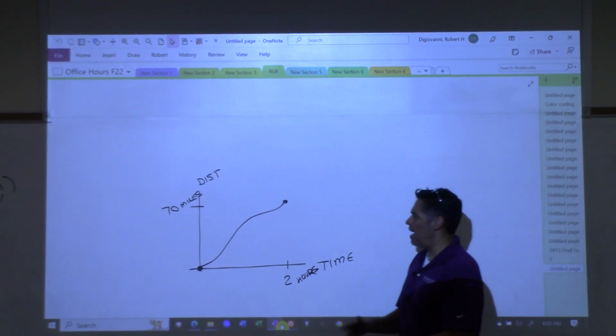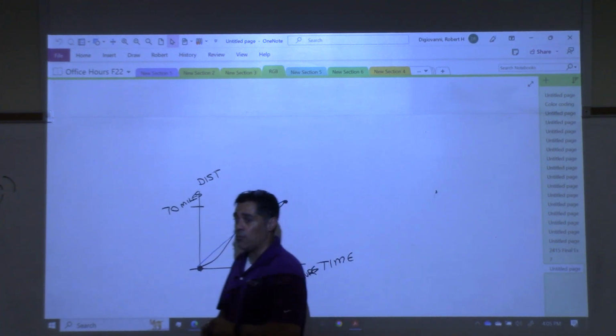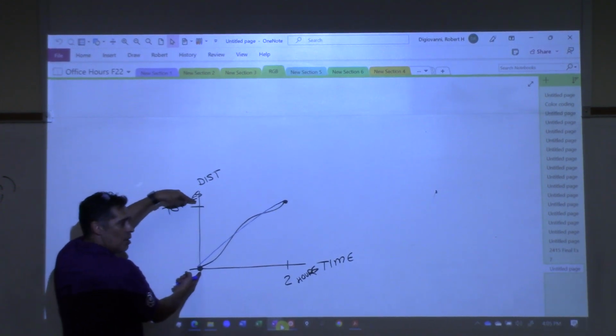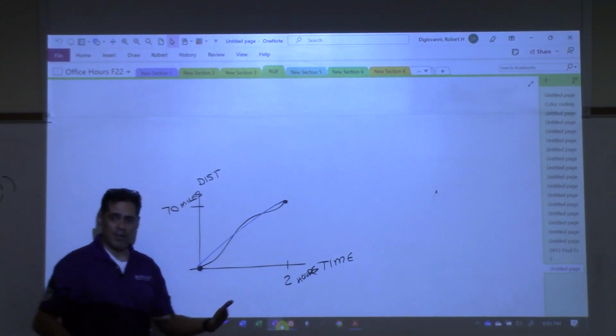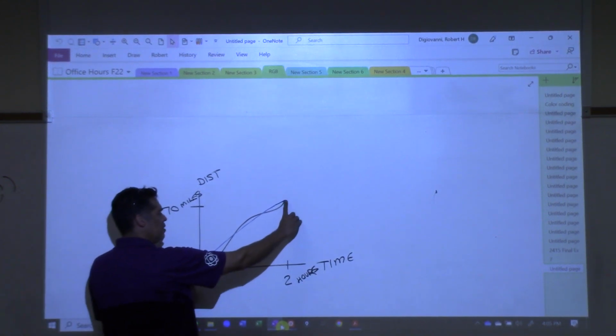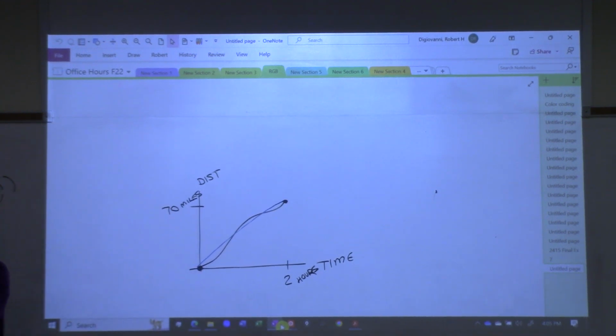And the way you do that is you connect these two points with a straight line and find rise over run. Rise is 70, run is 2, 70 divided by 2 is 35. What kind of line connects two points like this? Secant line. The slope of the secant line is your average speed.